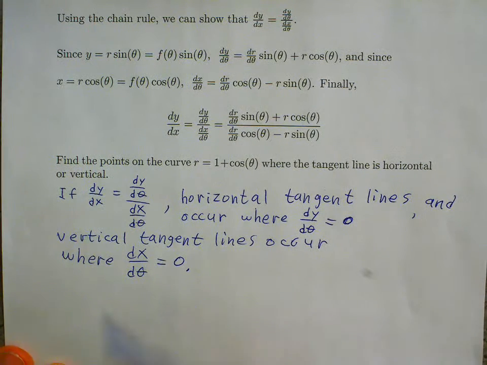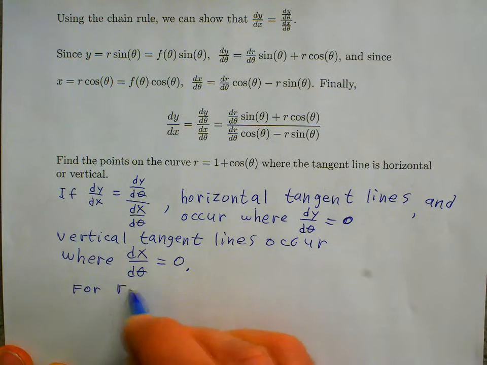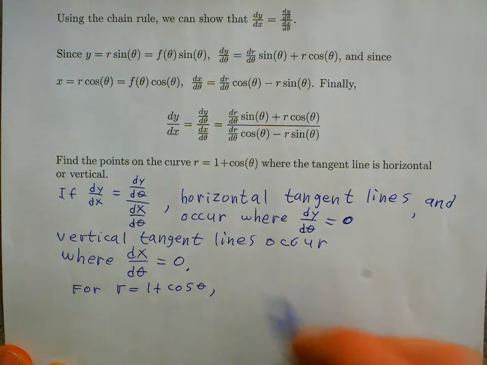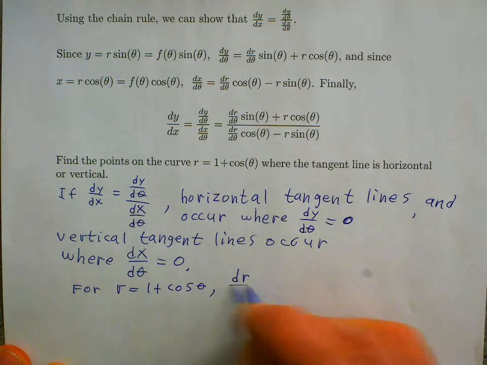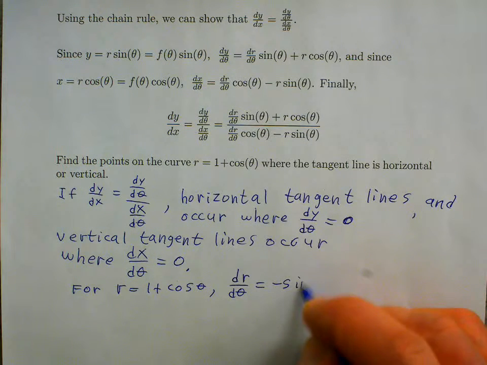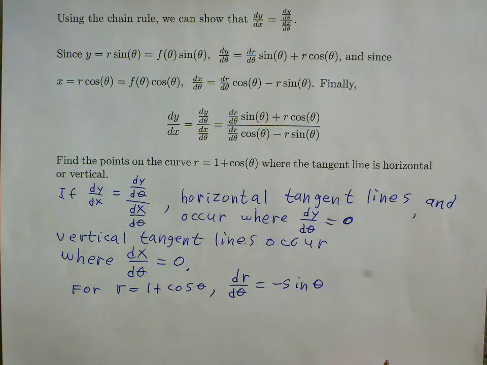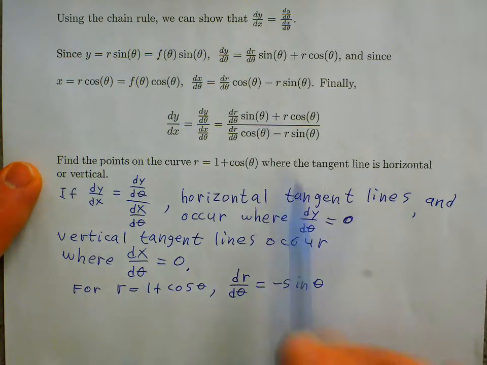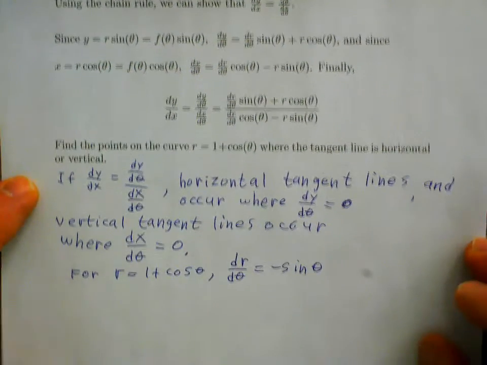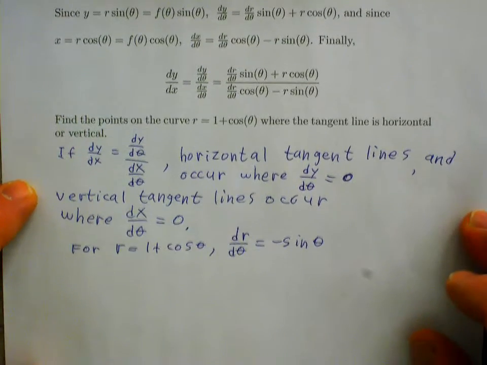Okay, so for r equals 1 plus cosine of theta, the derivative of r with respect to theta is negative sine of theta. Okay, so in our derivative formula up here, I can move this up and keep that in view for a while.